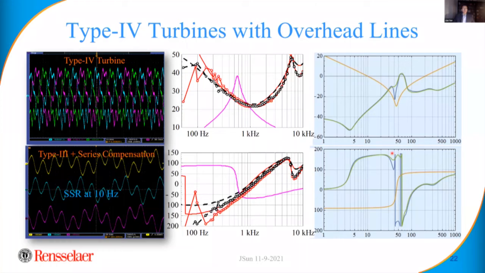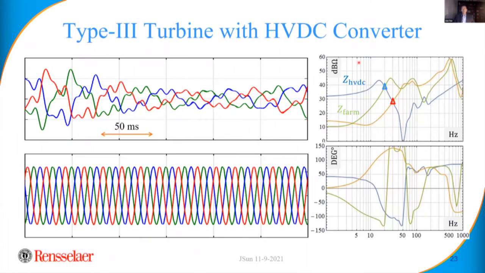So this is a standard technique we apply to analyze the system once we have the model. This has to do with turbines, different turbines with overhead lines, but we also apply that to various systems, such as Type 3 turbines with HVDC converter, for example, in an offshore environment. And this is characteristic of a Type 3 turbine. The impedance is very inductive because it's dominated by the induction generator. However, the converter behind the generator creates a negative damping and causes the phase angle to go above 90 degrees, which is an indication of negative damping.